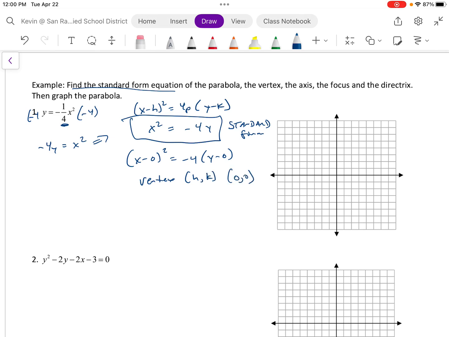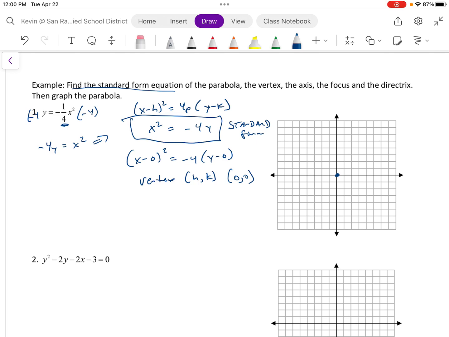So we talk about our vertex, which is our h and our k. We're at the origin, so it's right here. There's our vertex. Now, the next question is, is it horizontal or vertical?